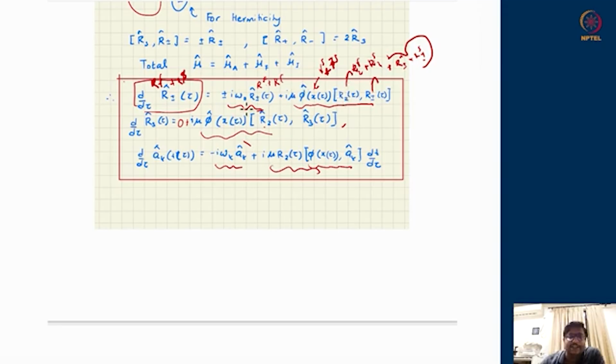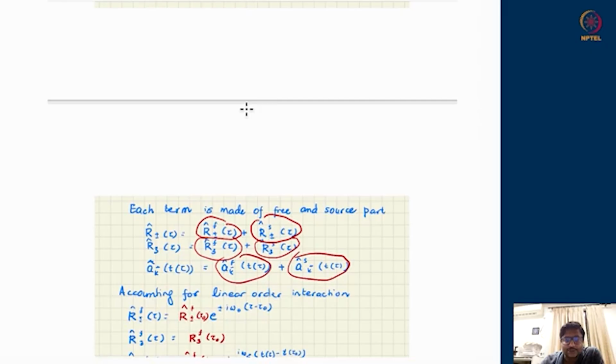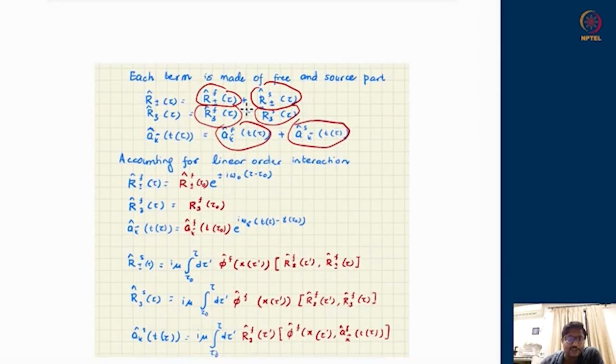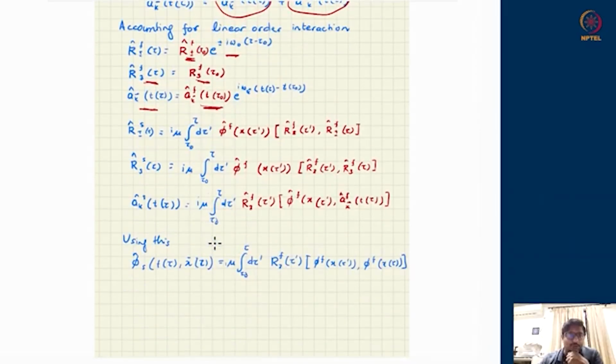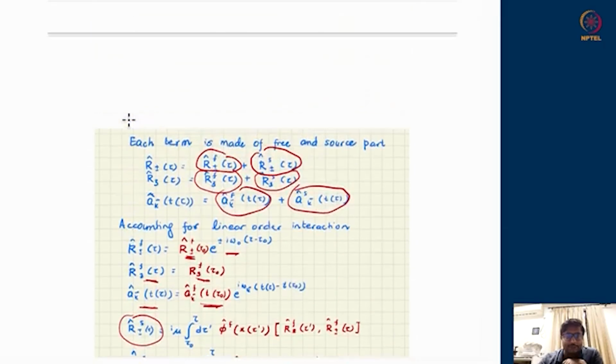Then I will see there is a free part's evolution which is controlled by the free part only.